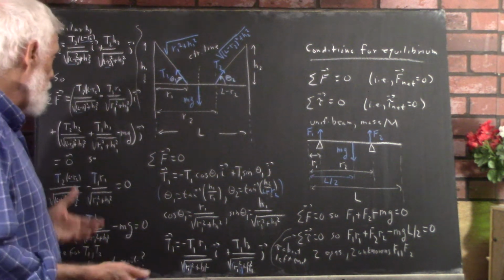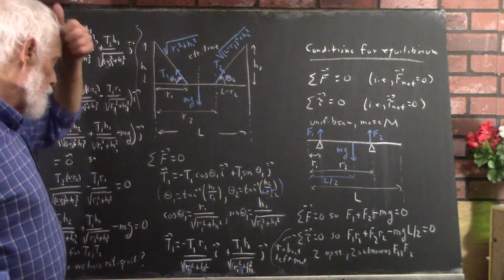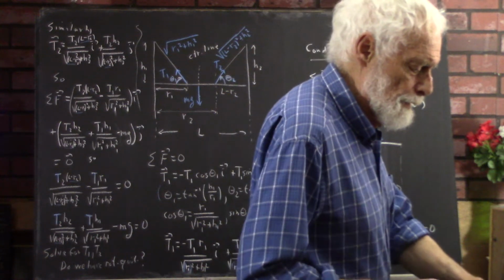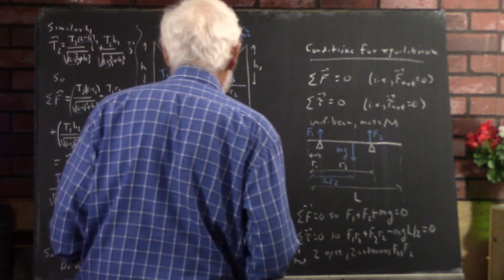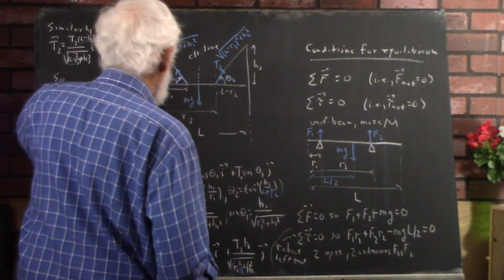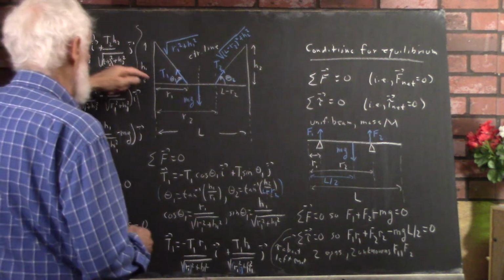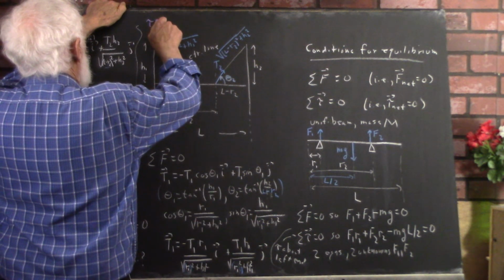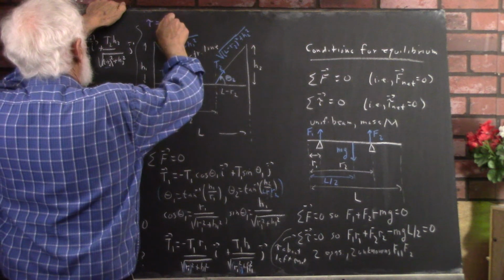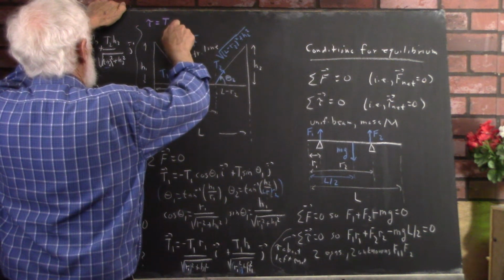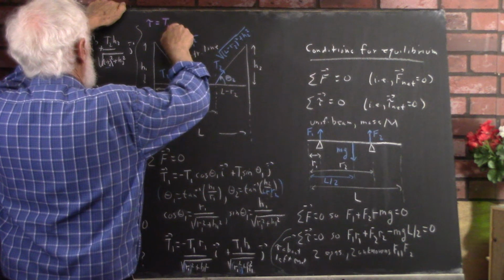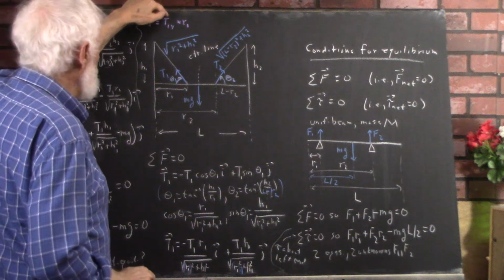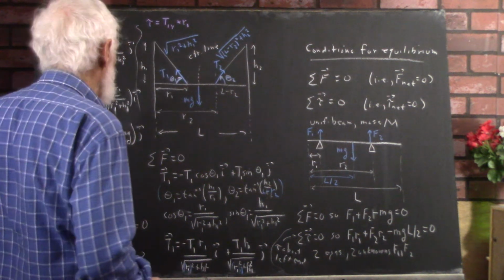And then you can think about how you would set up the torques. I'll actually go ahead and say just a little bit about that. The torque of the tension 1 is just the y component of T1 times R1.